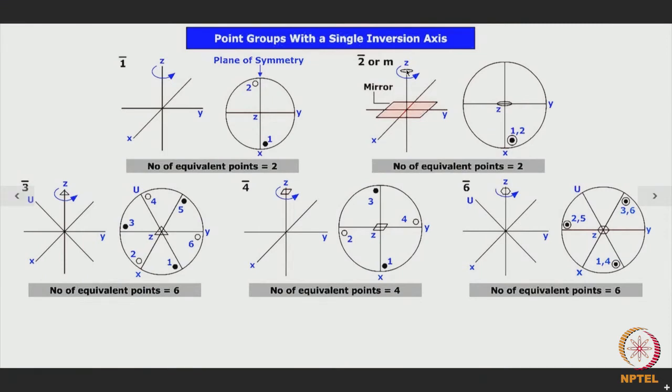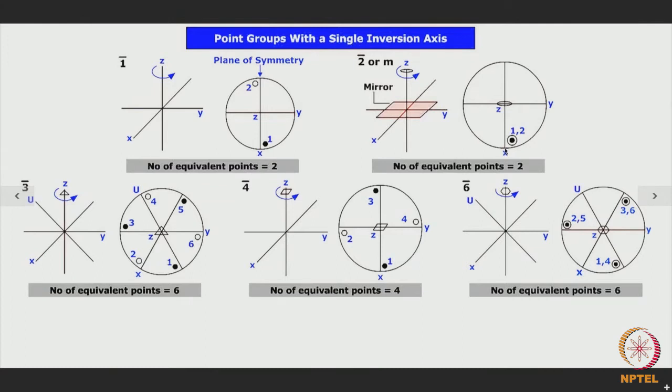Now, just as in the previous case we get a projection on the xy plane. z will come at the center of the projection, y will come over here and x will come over here.